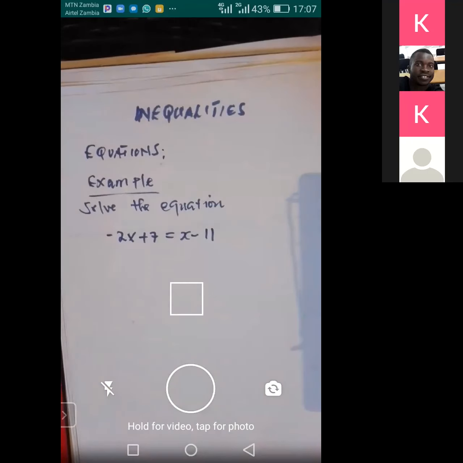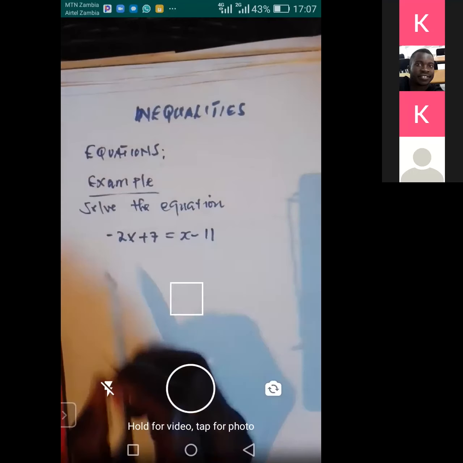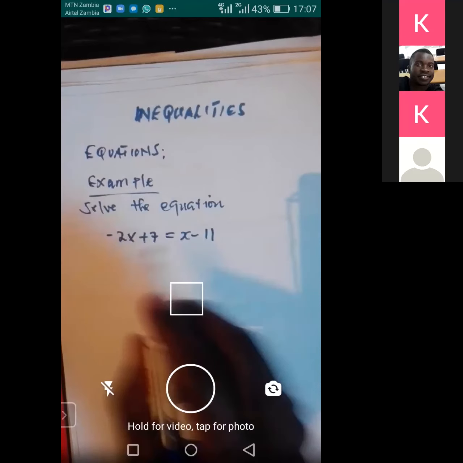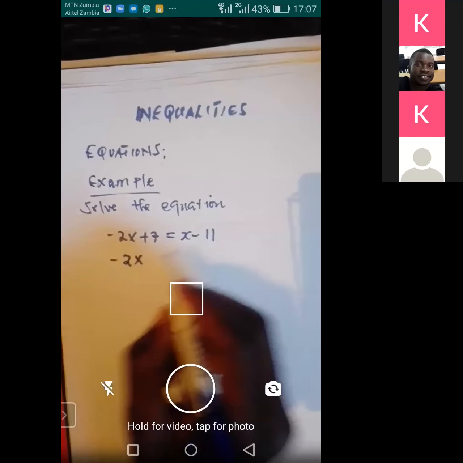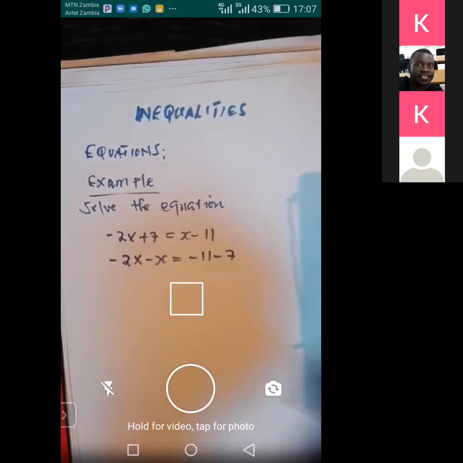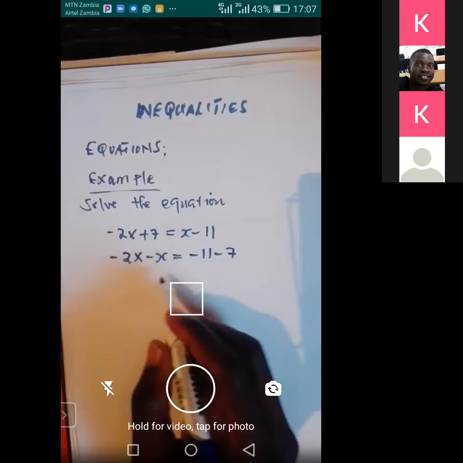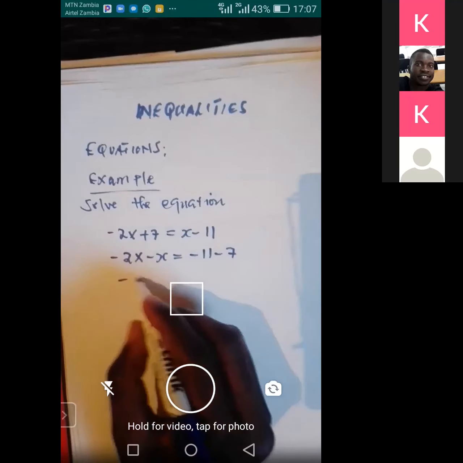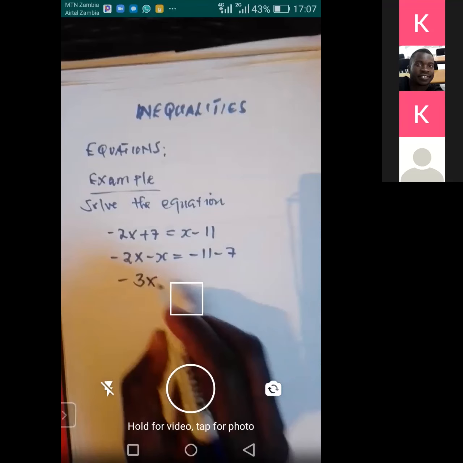Okay, so for us to solve this equation, as usual, we are going to collect the like terms. So we have minus 2x minus x being equal to minus 11 minus 7. And then we're going to have minus 3x this side being equal to minus 18.